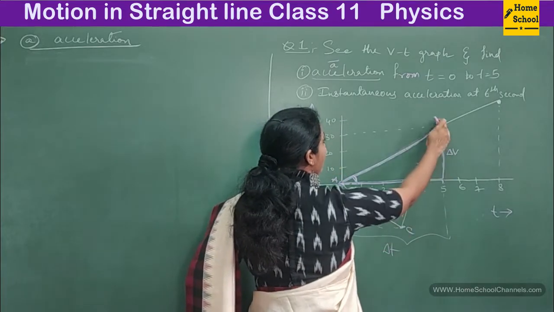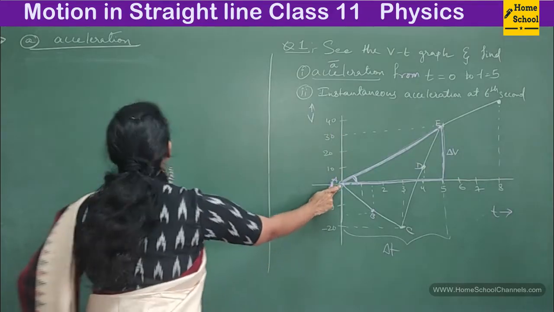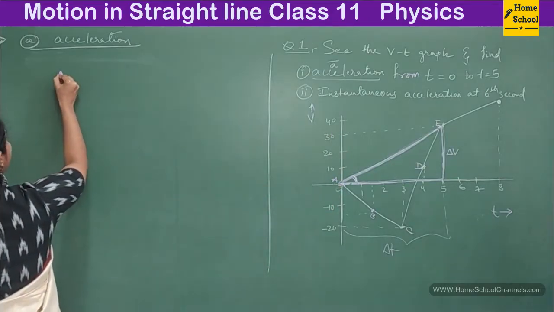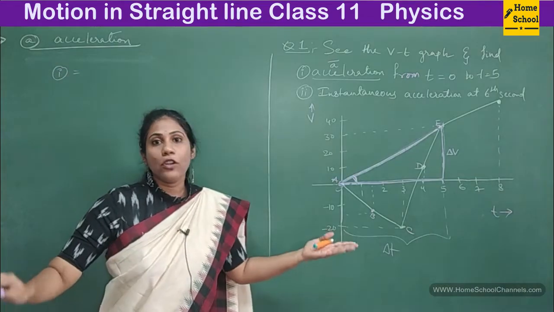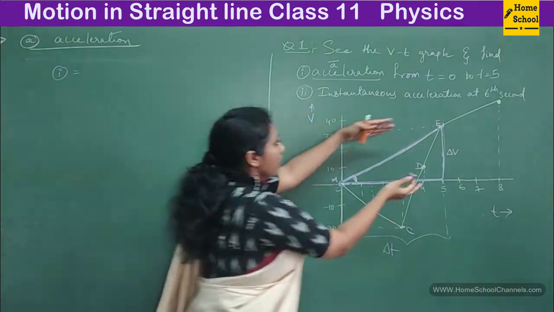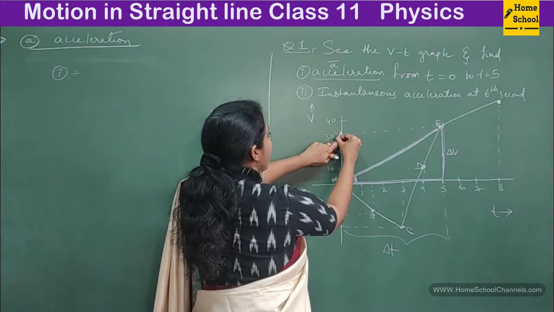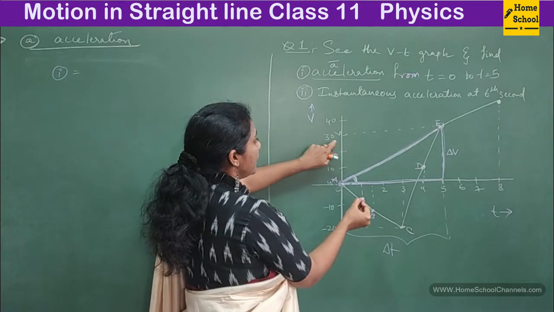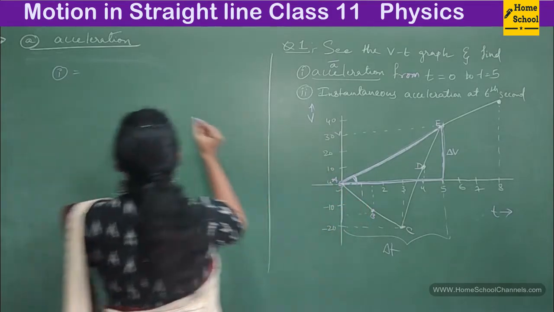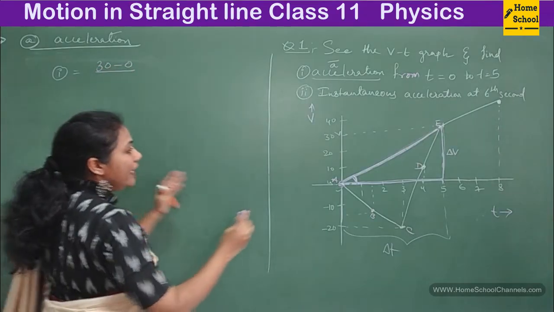So what is delta V? This is 30 minus 0, right? I'm not writing it elaborately. As you have studied in the previous video also, how to find a slope, right? So this is V and this is U, so V minus U. V is how much? 30. 30 minus 0 divided by the time difference.